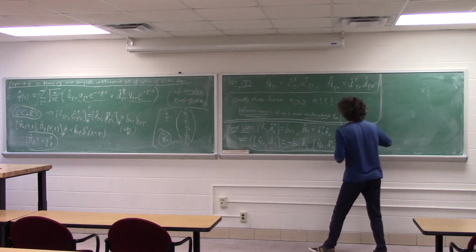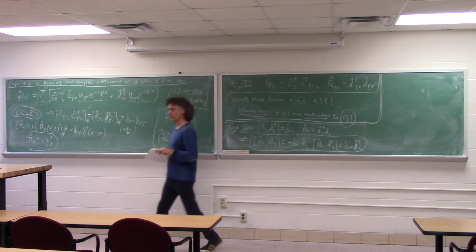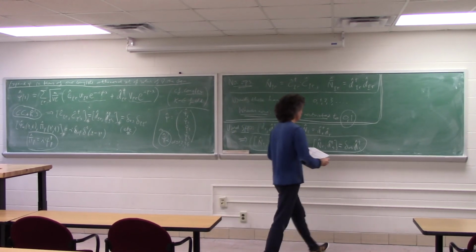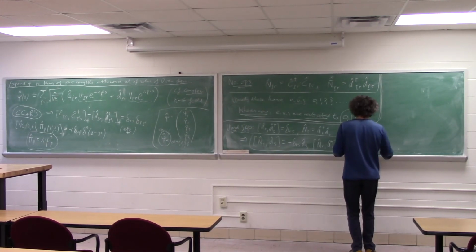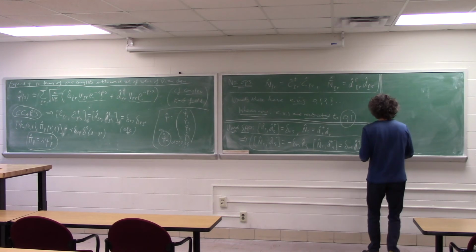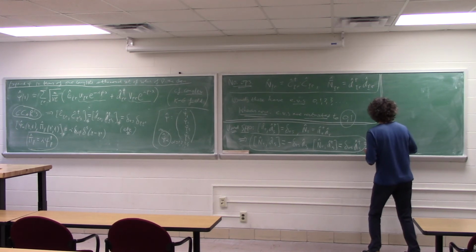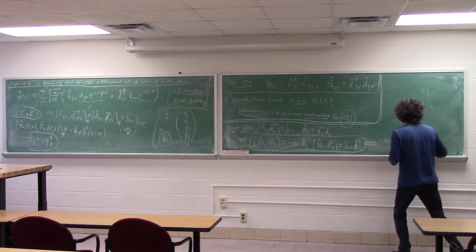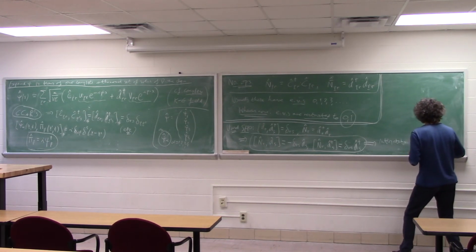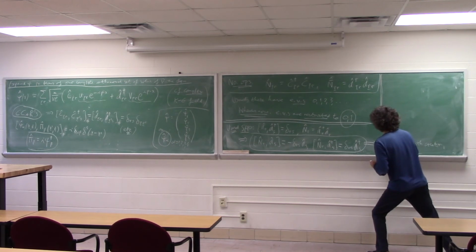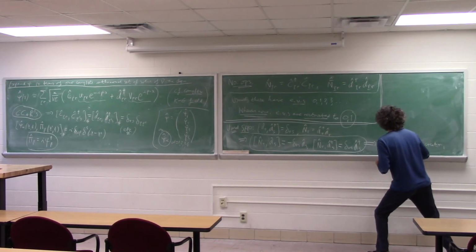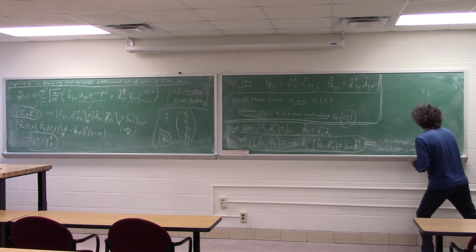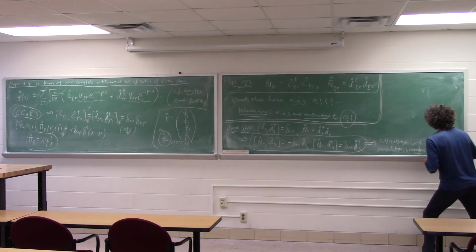Now these relations, if you go back and look at the book that you studied when you first did the energy levels for the harmonic oscillator, you will see that these imply the interpretation with creation, annihilation, and number operators.